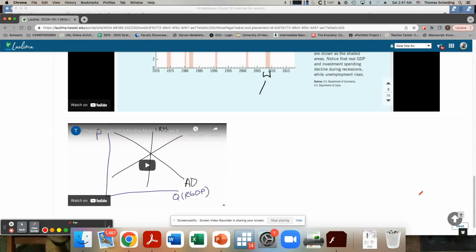So real GDP on the x-axis, price level on the y-axis. Aggregate demand is downward sloping, and aggregate demand consists of C, I, G, and NX.